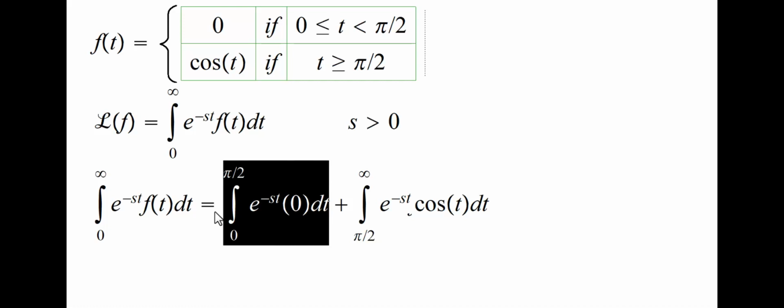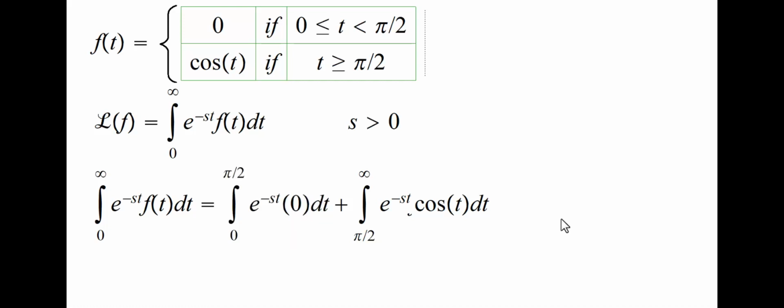And then for the remaining, starting from pi over 2 to forever, f(t) is cosine of t. And of course, this part is going to become 0.